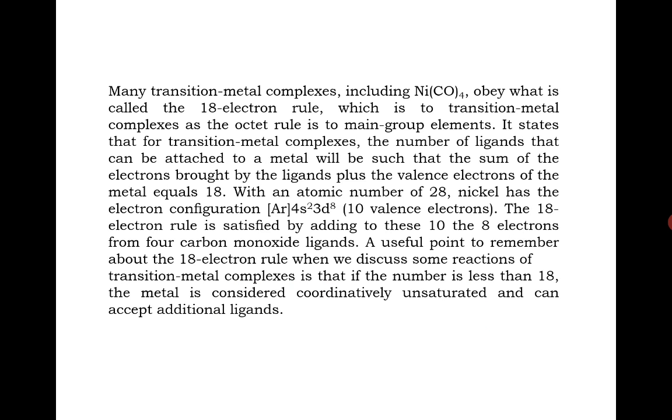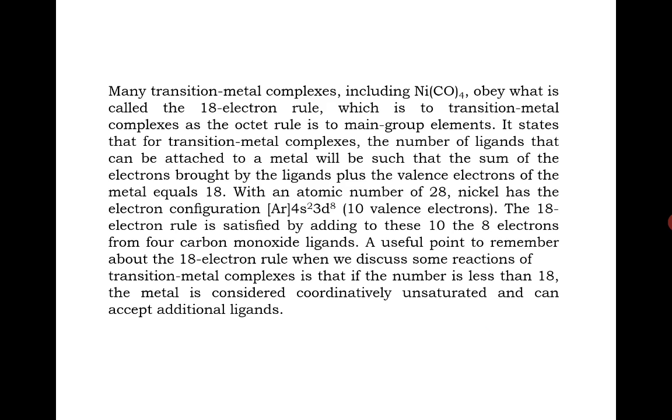Many transition metal complexes, including nickel carbonyl, obey what is called the 18 electron rule. You know about the octet rule; the 18 electron rule is to transition metal complexes as the octet rule is to main group elements.